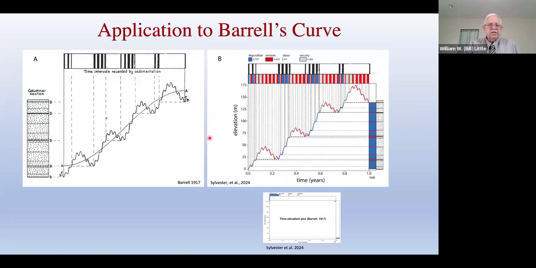In this figure, Sylvester has redone the Barrell curve, and in this case he's tried to distinguish not just between deposition and erosion, but preserved deposition, the vacuity, and the period of erosion, and indicate how much each of those parts plays in the preservation of the sediment.